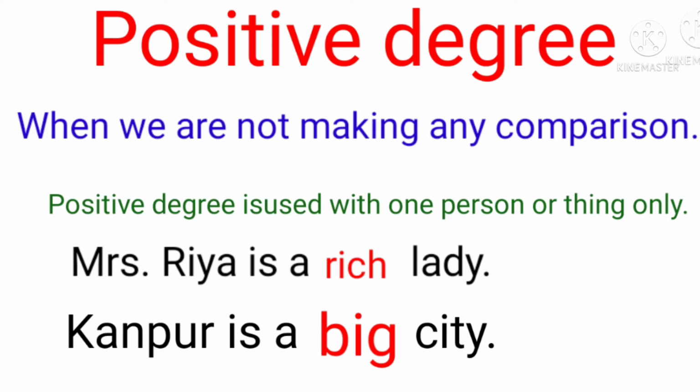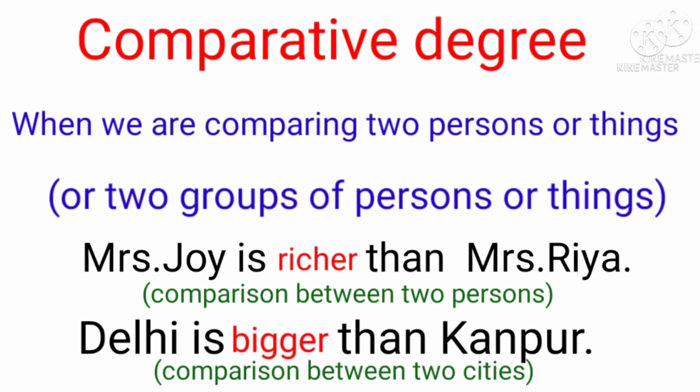Alright, let's move towards the comparative degree. So what is the comparative degree and where do we use it? Okay guys, we use the comparative degree of an adjective when we are comparing two persons or things, or two groups of persons or things.